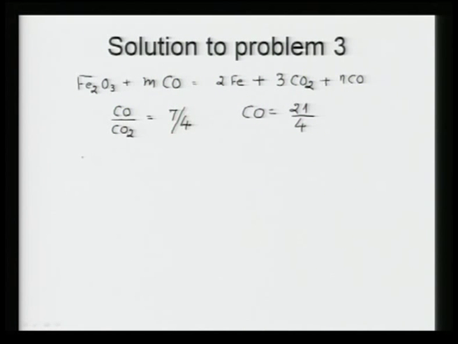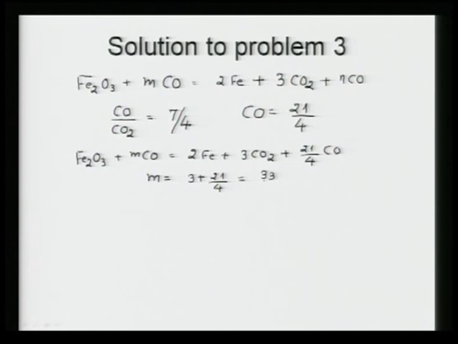So, then we can write down Fe2O3 plus M CO is equal to 2Fe plus 3CO2 plus 21/4 carbon monoxide. So, with this we can get M, that is equal to 3 plus 21/4, that will be equal to 33/4.